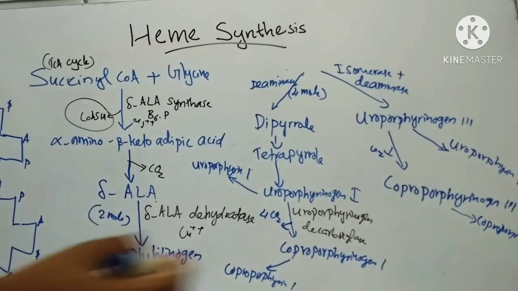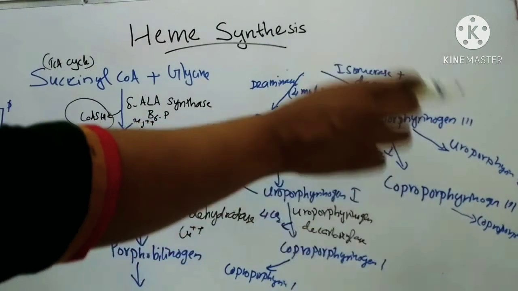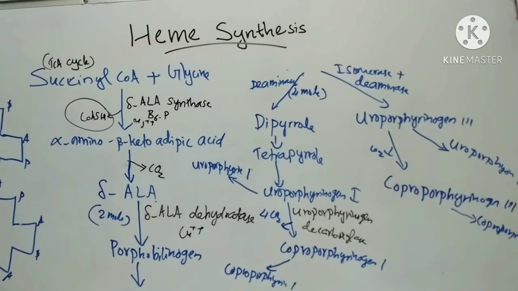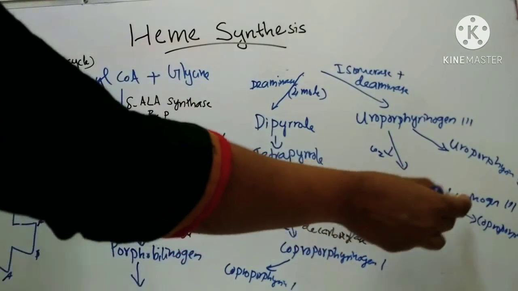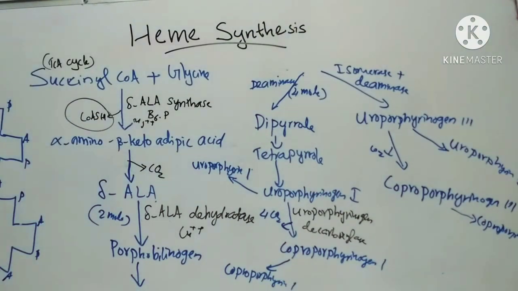So traces of coproporphyrin 3 and coproporphyrinogen 3 are excreted in small amounts in normal persons. Most of the coproporphyrinogen 3 is converted to protoporphyrin 9 in human beings.